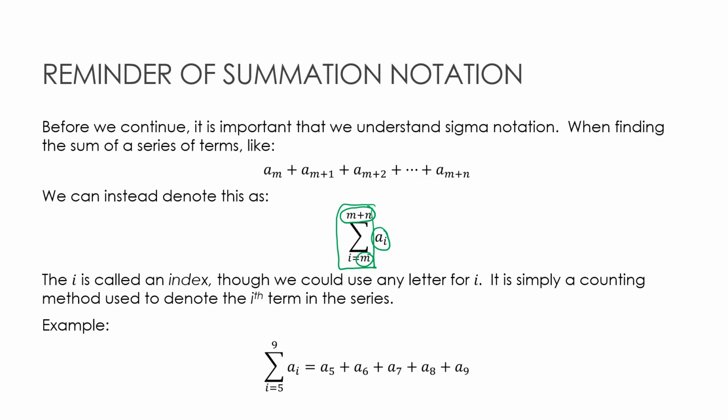The I is called the index, and we can use different letters for I, often J or K, but most of the time you will see it as an I. And again, it's simply a method to denote the ith item in a series.